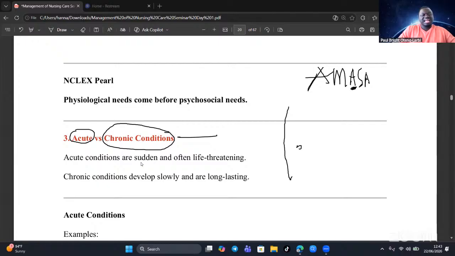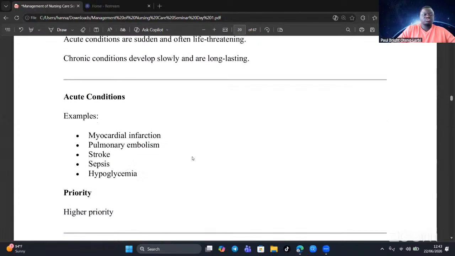Acute conditions are sudden and often life-threatening, and chronic conditions develop slowly and are long-lasting. Let's look at some examples. Acute conditions: MI, pulmonary embolism, stroke, sepsis, hypoglycemia.